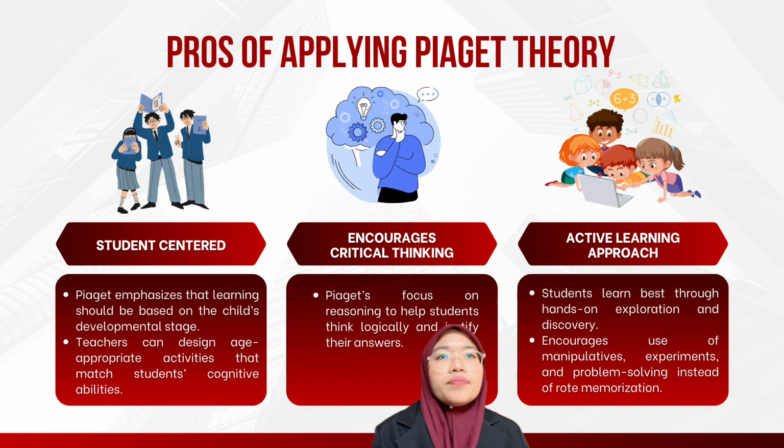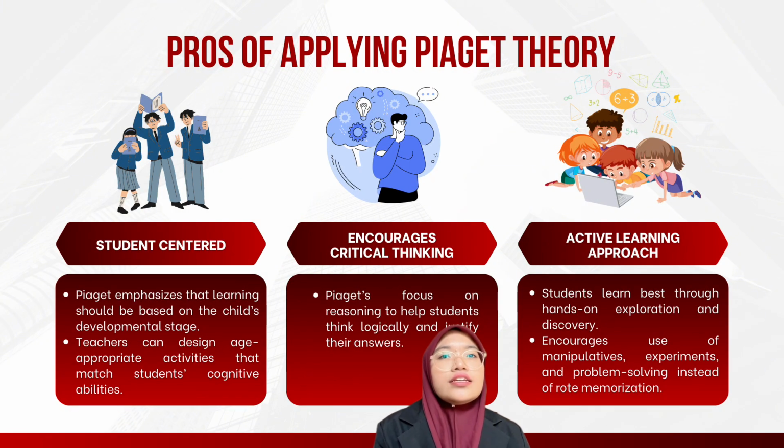So, by applying Piaget's theory, teachers can respect the natural stages of development, making learning more impactful for the students. Because when the teacher applies teaching skills suitable for the students' age, they will understand it better and find the class more fun, and it will help them understand better in class.